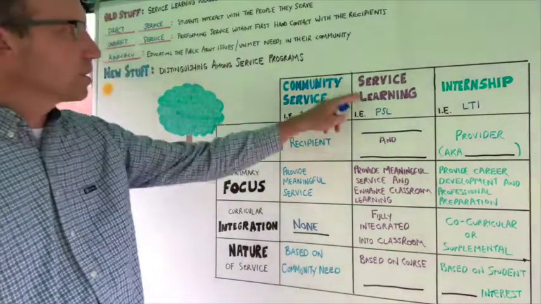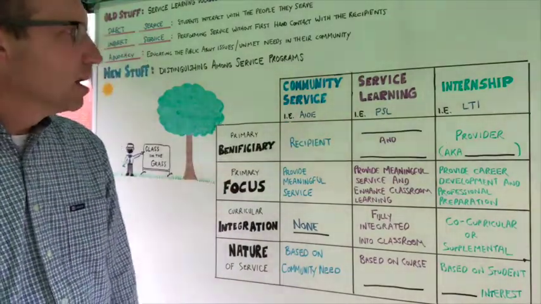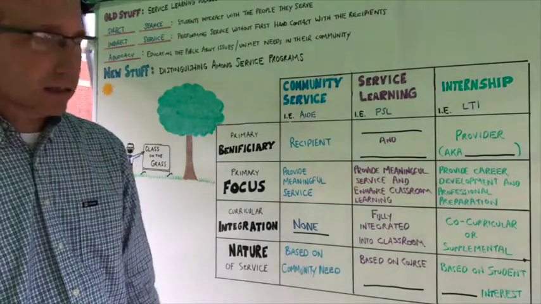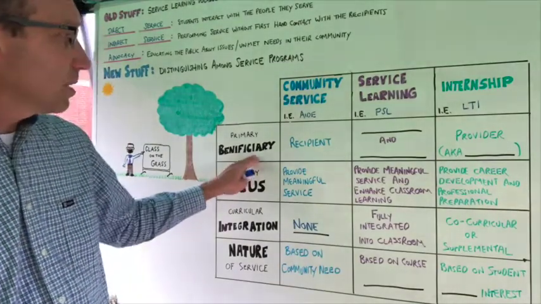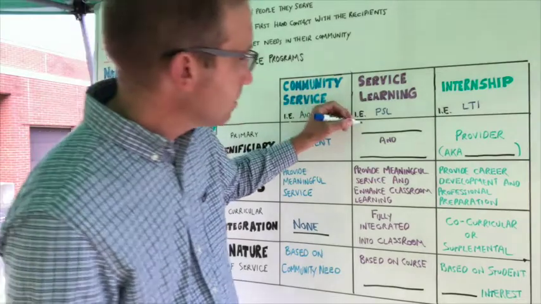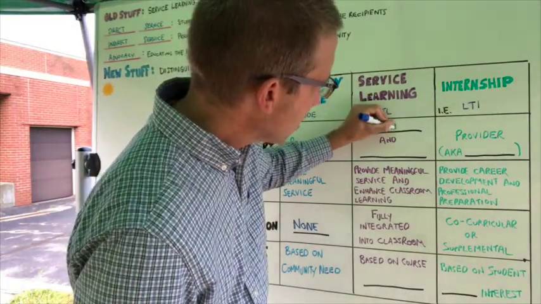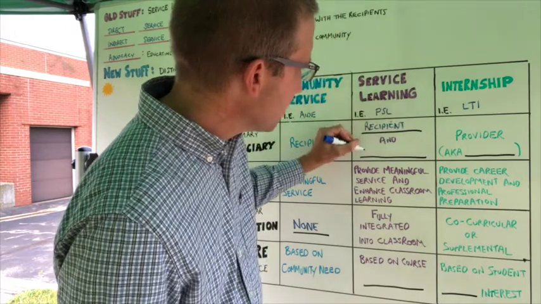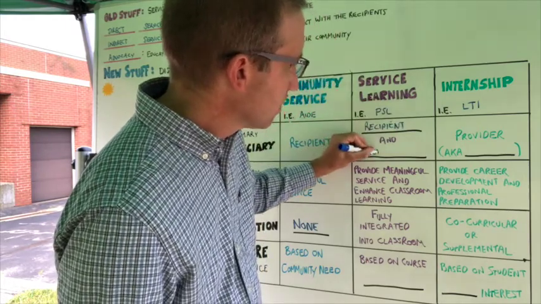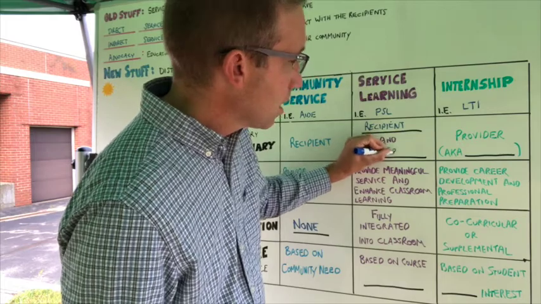If we move over to service learning and PSL, ultimately in a PSL class, the primary beneficiary should be both the recipient and the provider. So all that means is that not only are the people you're serving benefiting, but so too are you.